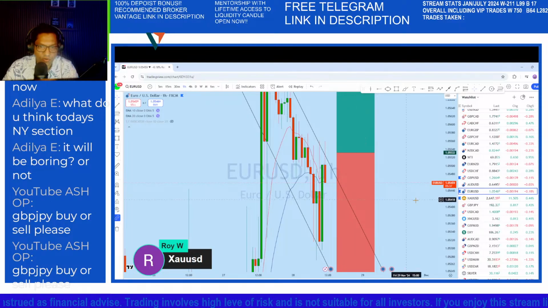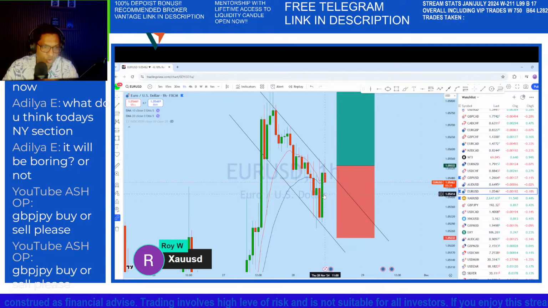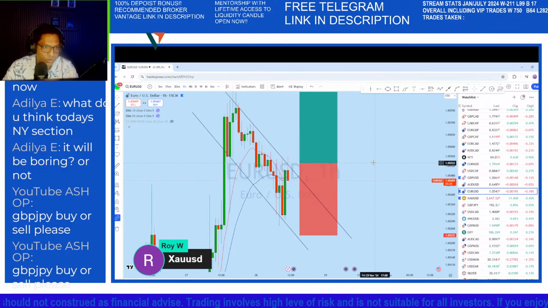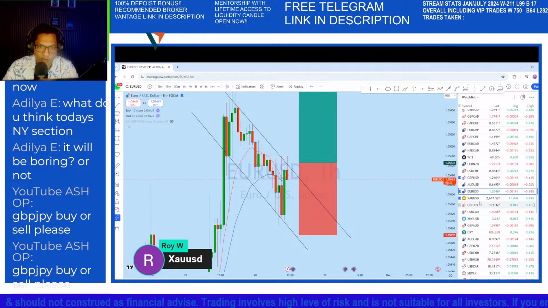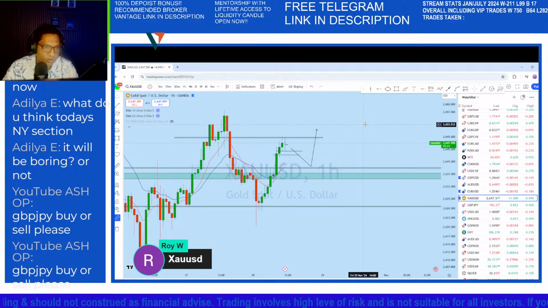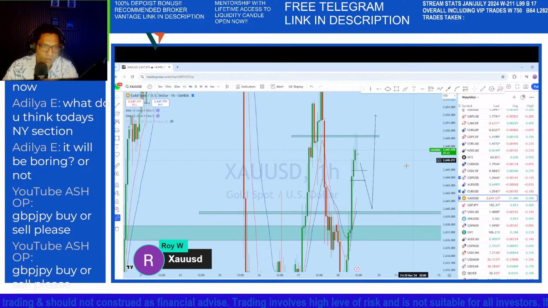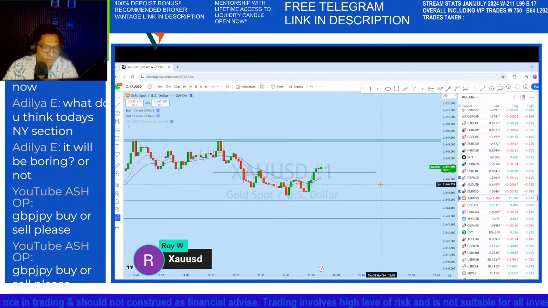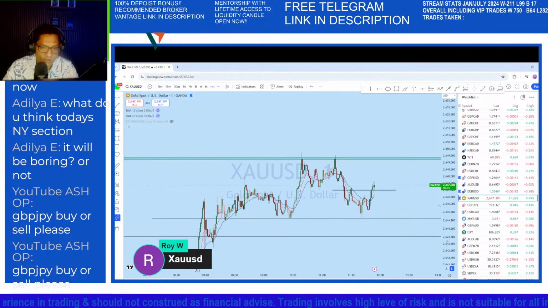I think it's trying to form that inverted head and shoulder. So if we see a narrower candle formation here, that can give the market a bounce again. We'll leave it here. Let's look at XAUUSD. This is an important market here.